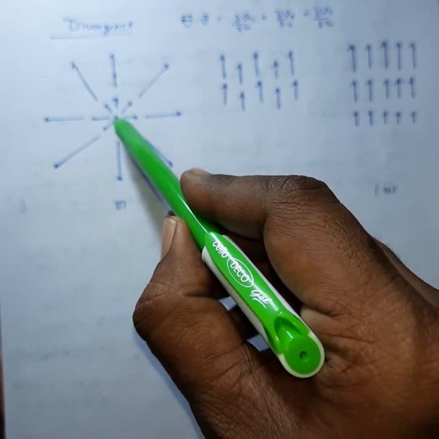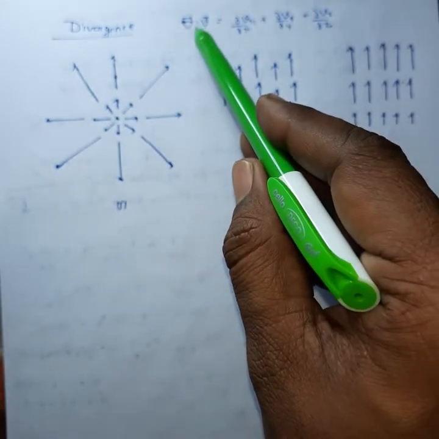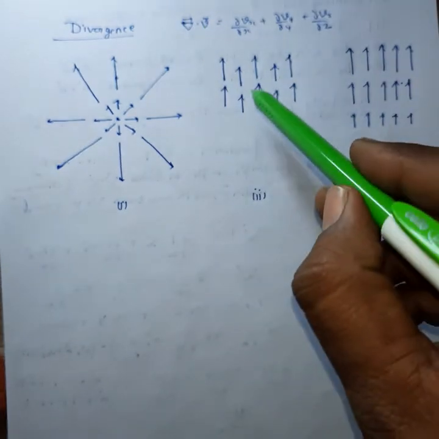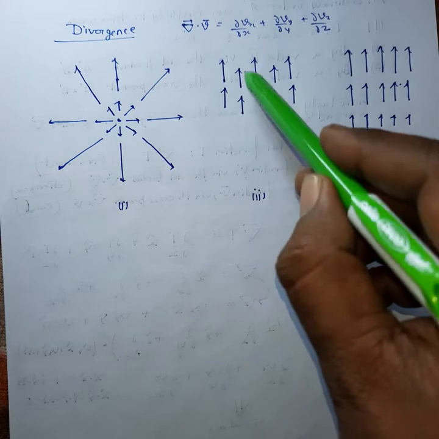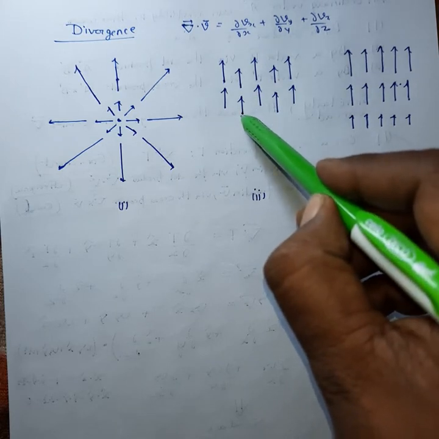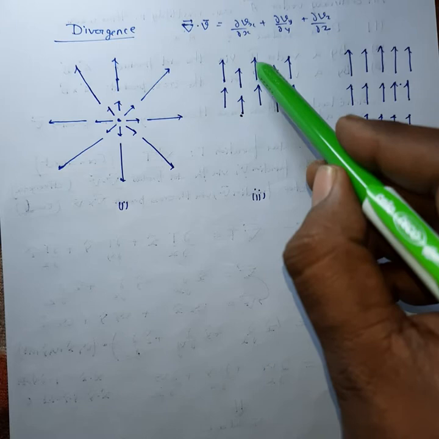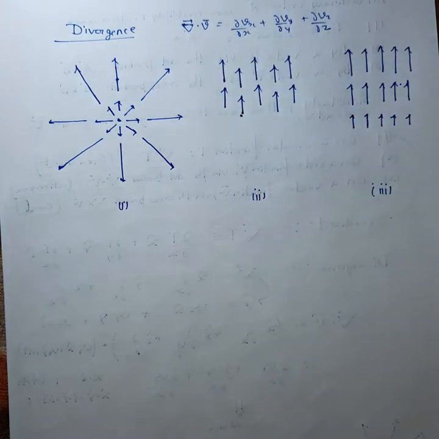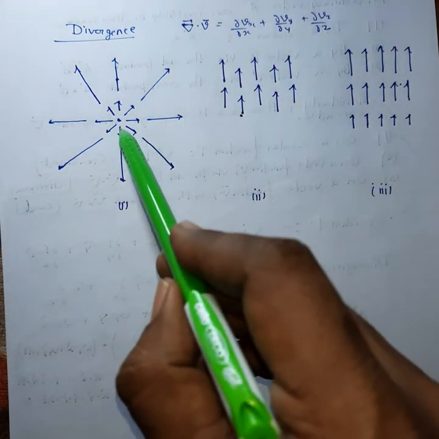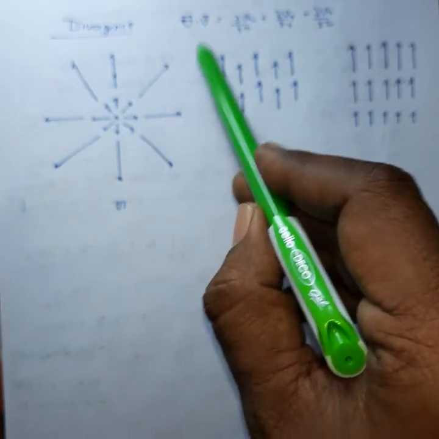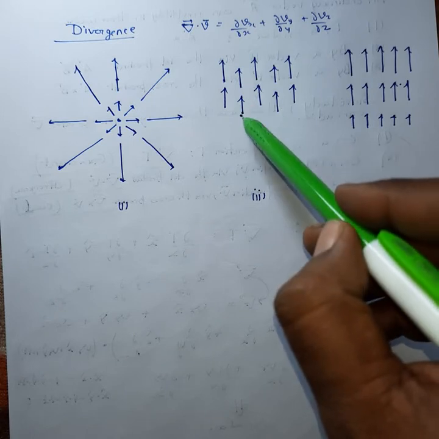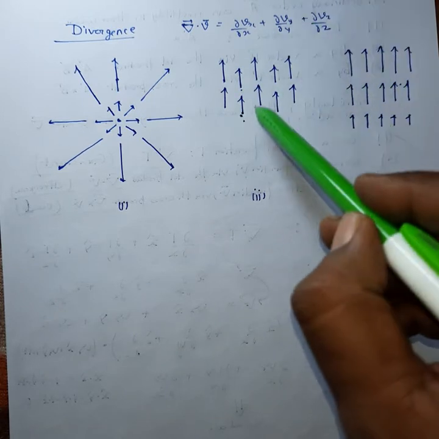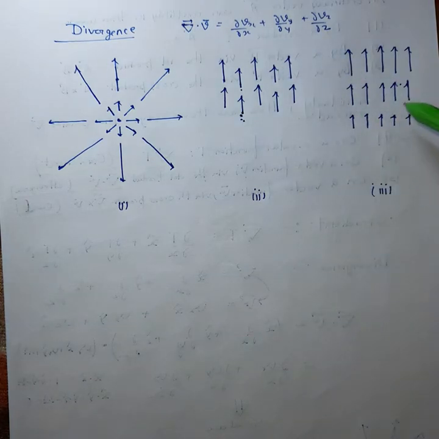From this point, how much it spreads is given by the divergence of v. You see here that it spreads out in this direction, so it has a divergence. It does not spread out from this point to this point, meaning it does not diverge. Similarly, here is a positive divergence.